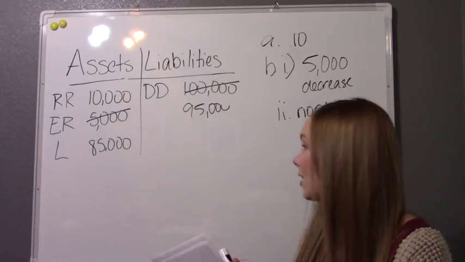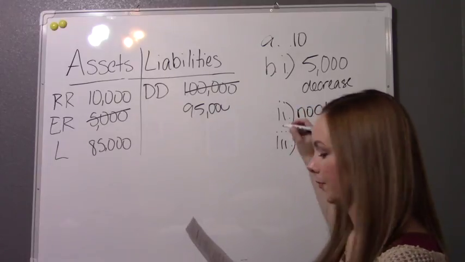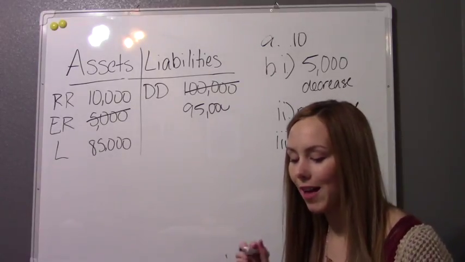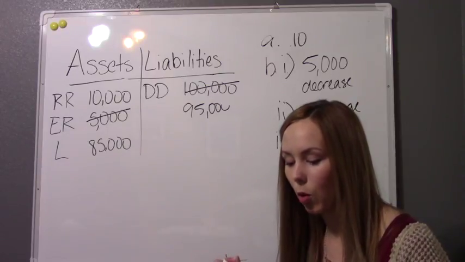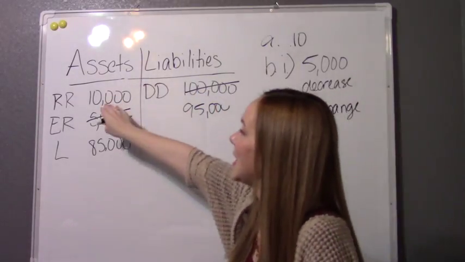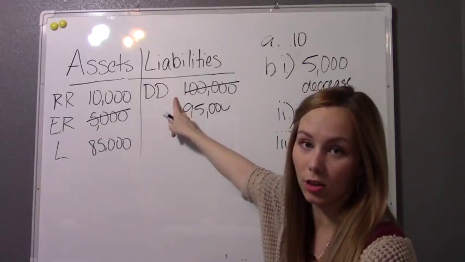The third part of part B says, as a result of the withdrawal, what is the new value of excess reserves on the balance sheet of Meteor Bank, based on the reserve requirement from Part A? We had $10,000 in required reserves because that was 10% of $100,000.